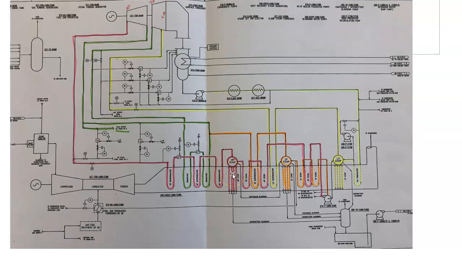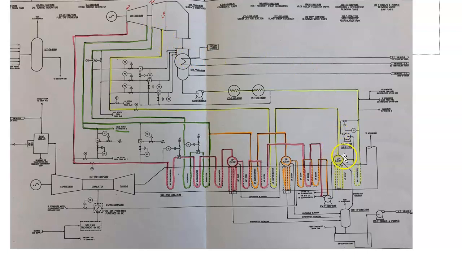I'm not going to make you remember what each of those are, but I'd like you to grasp that between the drums there are going to be economizers, and I'd also like you to know that the steam coming from the IP drum actually goes through a superheater, and then it comes out and it actually intersects with the cold reheat line and helps heat that line as it returns to the intermediate stages of the turbine.